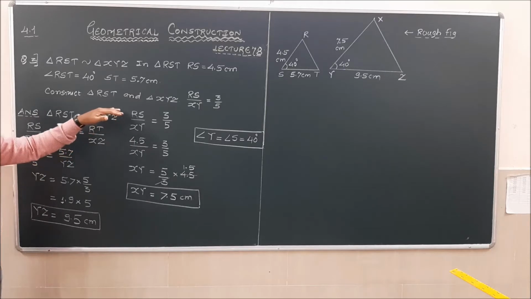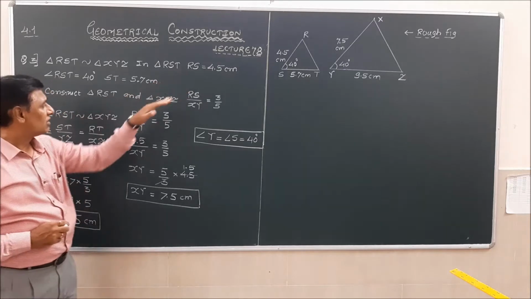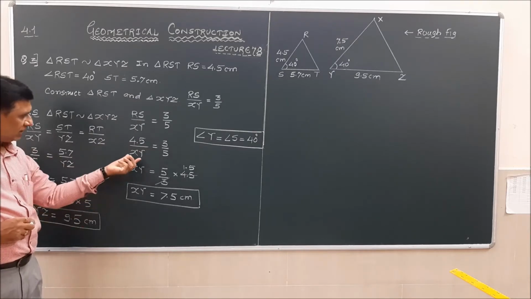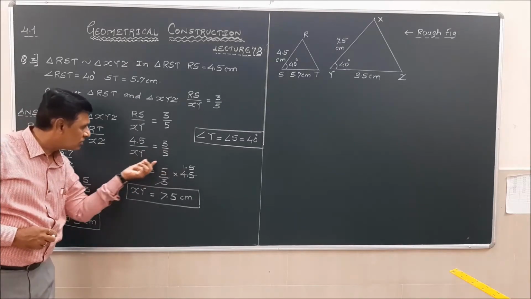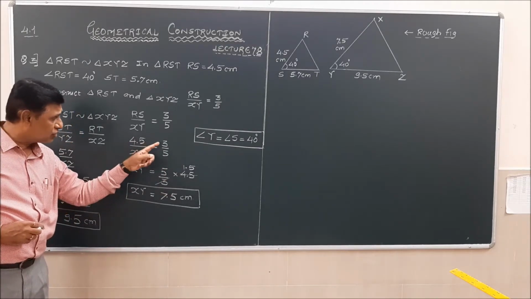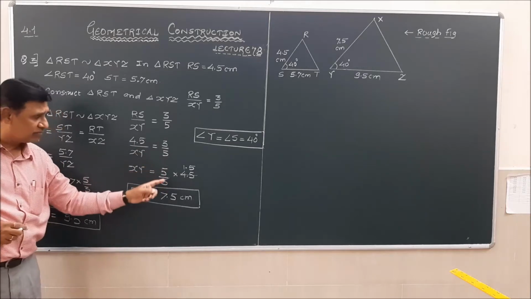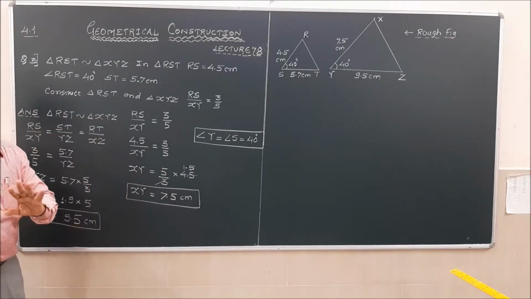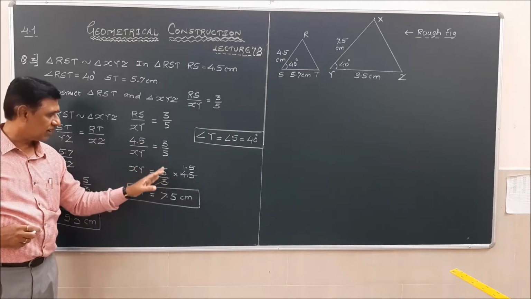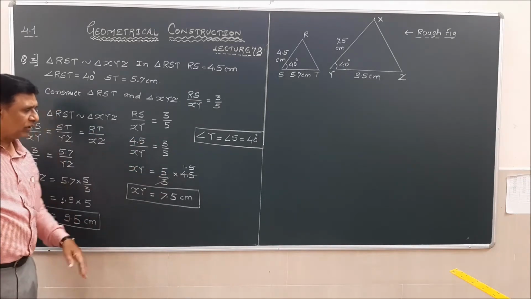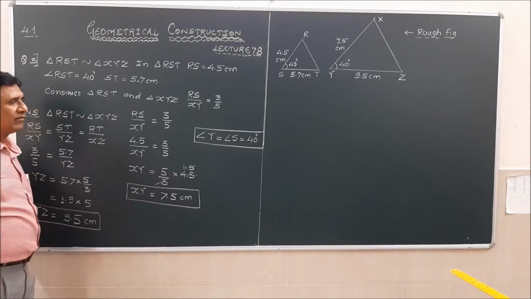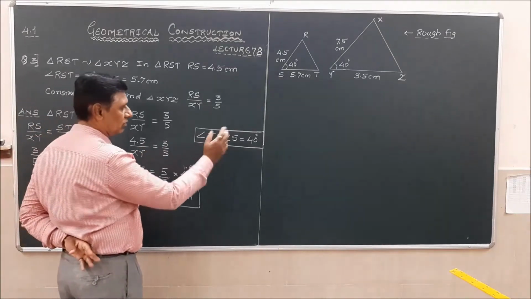Since RS is given as 4.5, we have 4.5 upon XY equals 3/5. So XY is equal to 4.5 into 5/3, because 3/5 on the left hand side becomes 5/3. If you divide 4.5 by 3, you get 1.5, into 5, that is 7.5. Angle X is congruent with angle S.